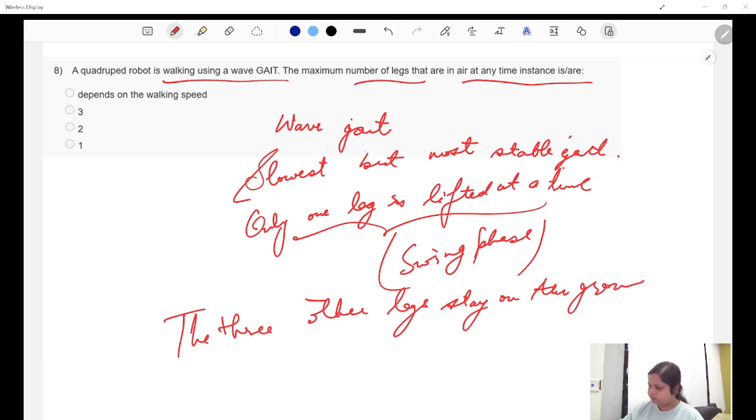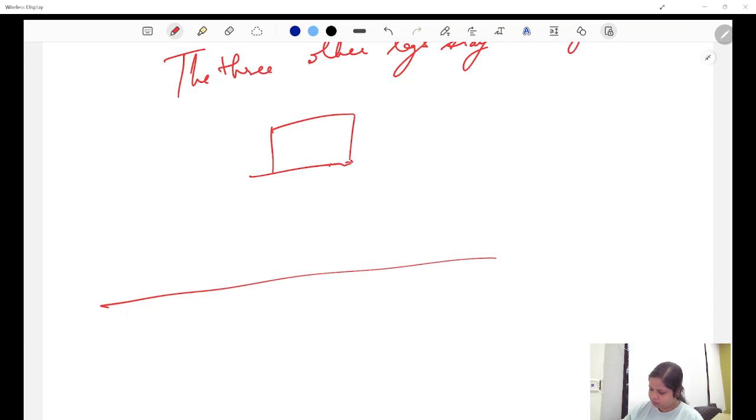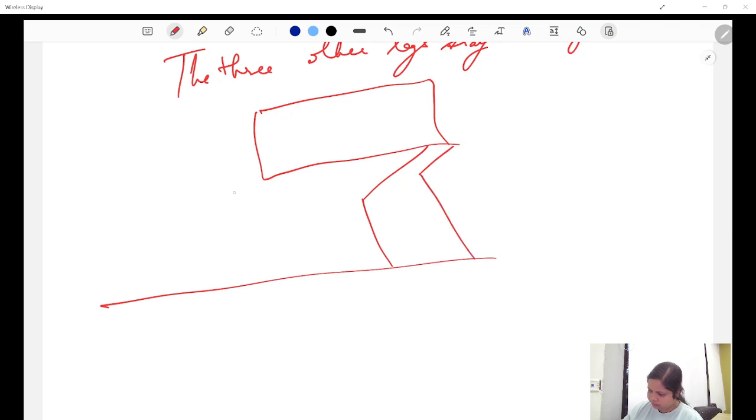So let's say this is your quadruped. Okay, this is your ground. Let me make a bigger quadruped. And here, let's say these are the two legs and these are the two legs. Now let's say the front right leg is lifted as of now.